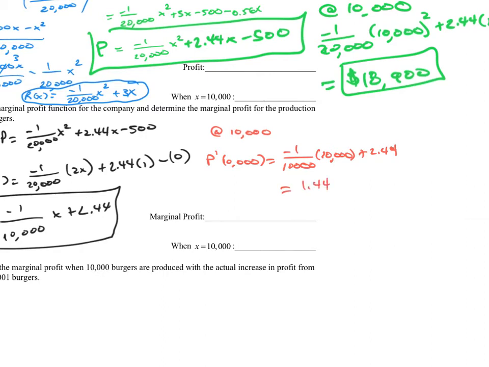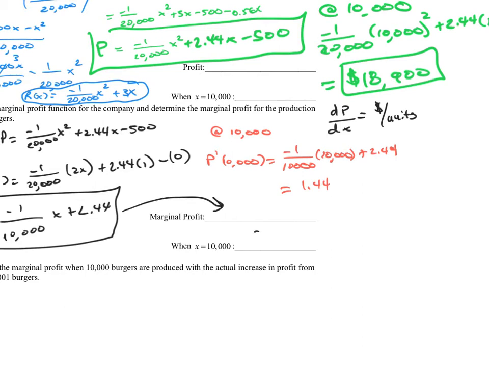But remember, marginal profit is dP dx. Profit is measured in dollars. X is measured in units. So when we see that 1.44, our marginal profit would be $1.44 per unit, or in this case, per burger. Sorry, I put that in the wrong blank. We have the marginal profit function. That's given to us right there.